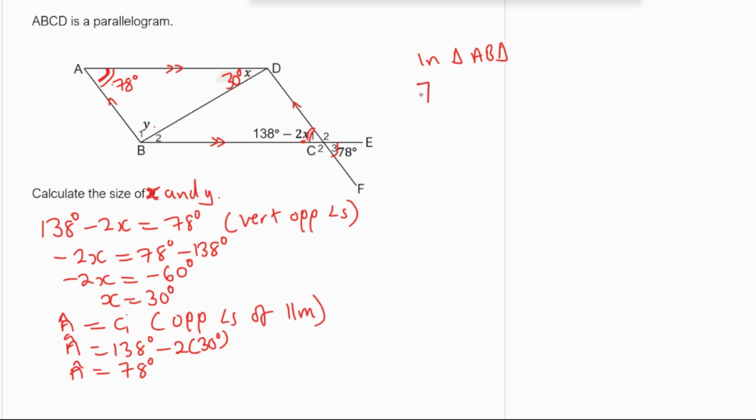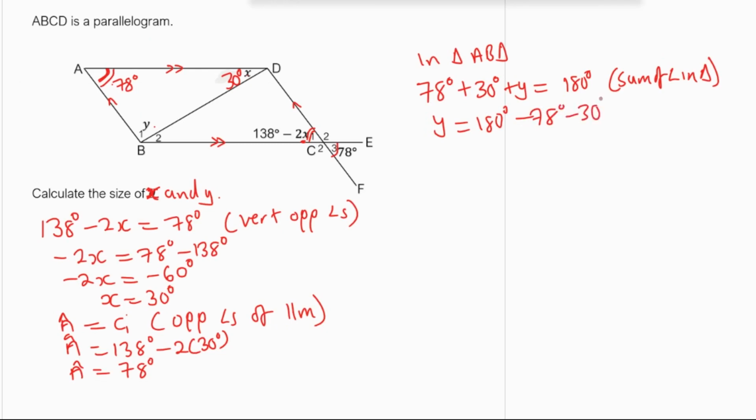So we can say 78 degrees plus 30 degrees plus Y is equal to 180 degrees, since this is the sum of angles in a triangle, right? And then we can solve for Y. Y is equal to 180 degrees minus 78 degrees minus 30 degrees. So Y is equal to 72 degrees. Okay, that's the answer there.